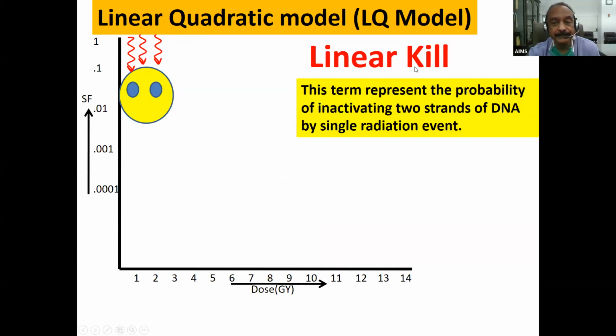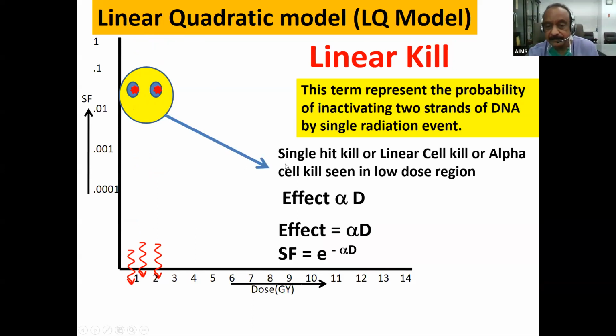So this is linear cell kill. In linear cell kill, it basically represents the probability of two critical sites being deactivated in a single radiation event. So in a single radiation event, both the critical sites are deactivated, which results in cell death. This type of cell death is known as single hit kill or linear cell kill or alpha cell kill, and as you can appreciate, it is mainly seen in the low dose region.